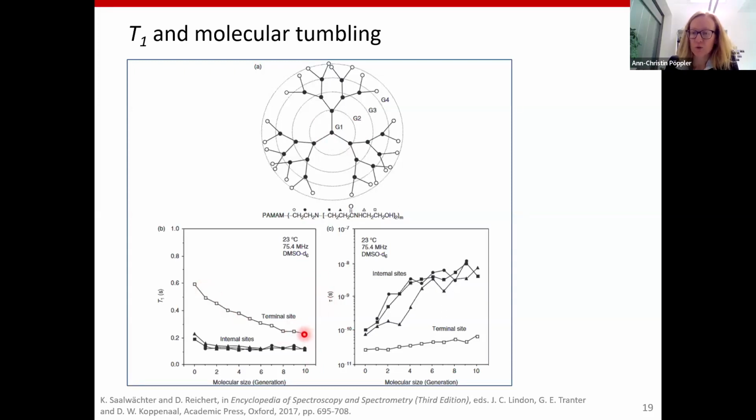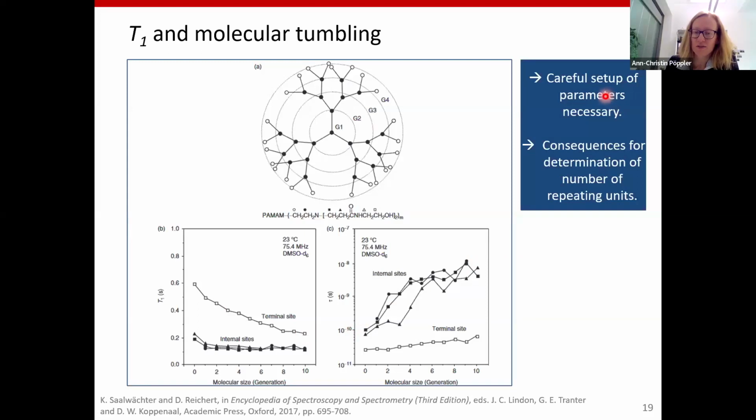And this also then has consequences. For example, if you want to quantify the functional groups, and even more so, if you have a polymer which can have even more repeating units than you have generations in this dendrimer. So you have to be very careful when you set up parameters for the experiments.